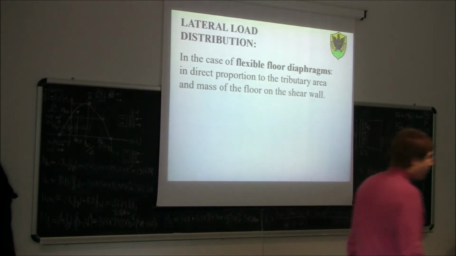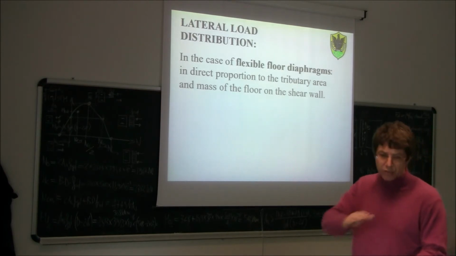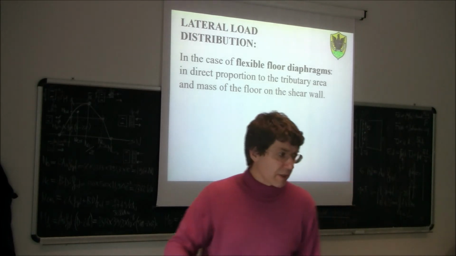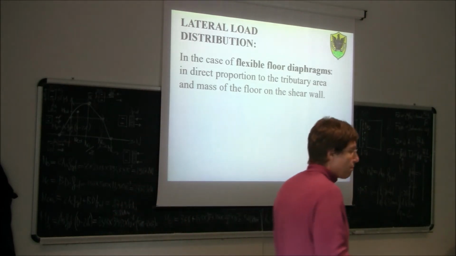Suppose for a moment you have a very flexible diaphragm. For example, if you are designing an old building made of masonry with a timber floor made by joists and just one layer of boards, planks, for sure this is not an in-plane rigid floor.